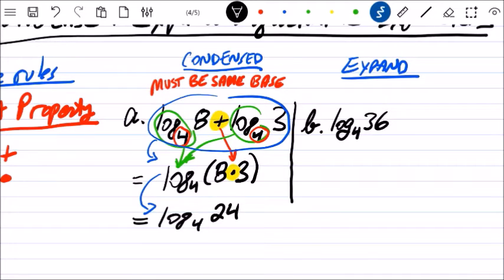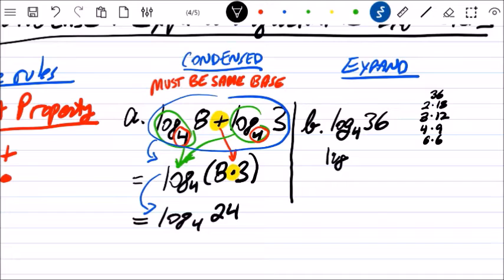There are numerous ways we can write 36. You can write this as 2 times 18, as 3 times 12, as 4 times 9, as 6 times 6. All those different ways. I'm going to choose one of those.